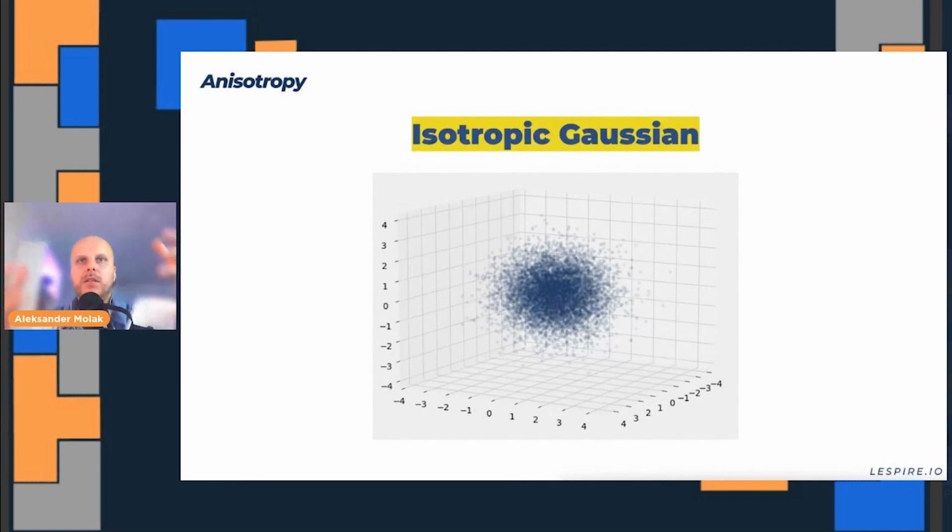The circle gets into the shape of a 3-dimensional sphere. So we now have 3 variables, and they have the same properties. Technically speaking, an isotropic Gaussian is a distribution that has a covariance matrix in the form of variance times identity matrix, but this is not very important to us.